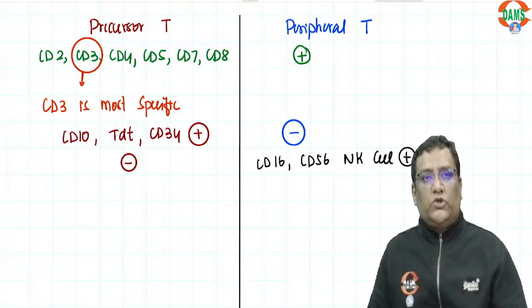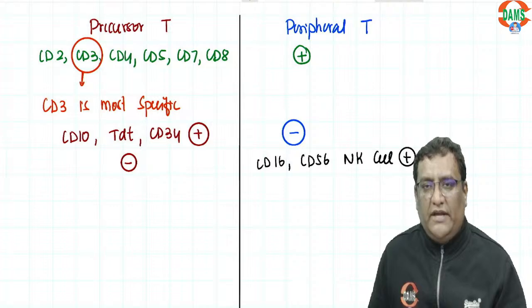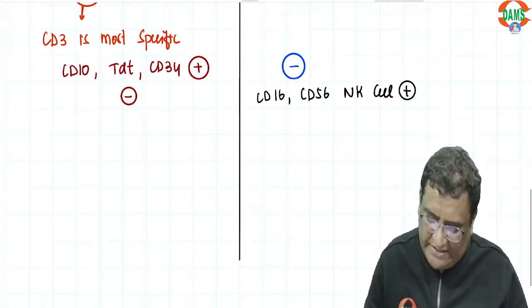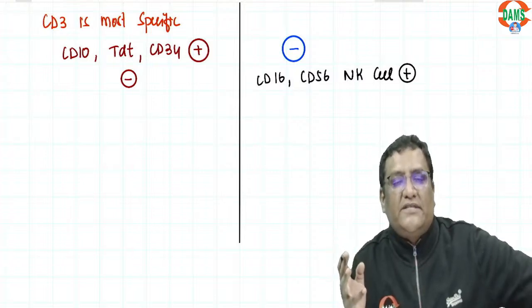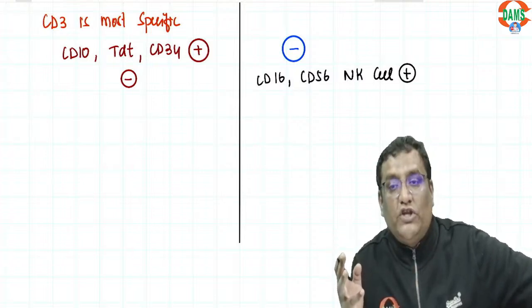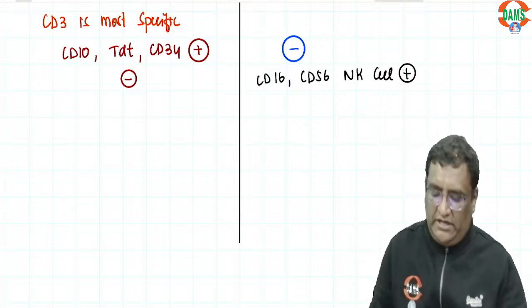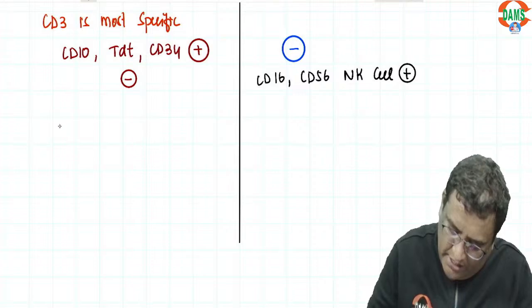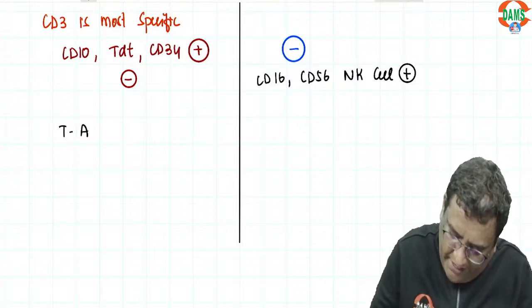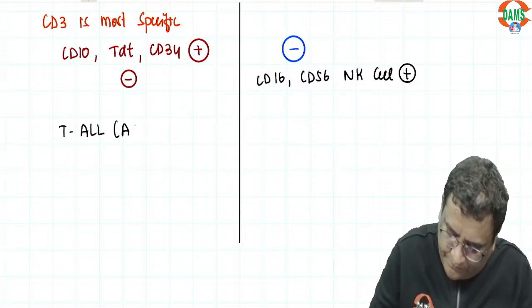Now let me further talk about which neoplasms arise from which. If I am able to know the markers for precursor and peripheral, I should know which neoplasms are arising from precursor T. There is only one neoplasm arising from precursor T. What is that? T-ALL. What does ALL stand for?